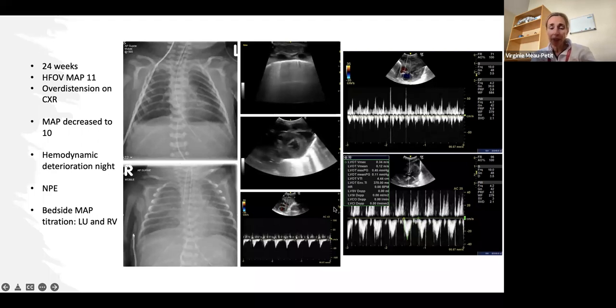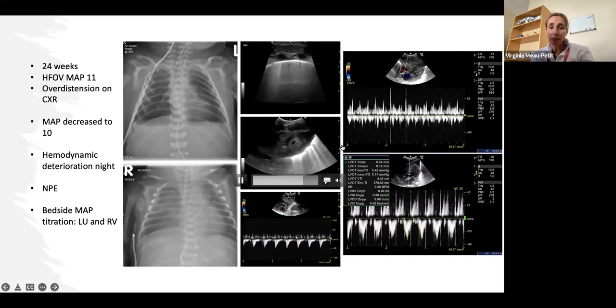So reduced pulmonary and systemic flow. Sorry, I don't have the image, but the right ventricle was not dilated. And the reason is, the right atrium was totally compressed and shifted by the high mean airway pressure on the ventilator. It was really exceptional to see the compression of the right atrium by the high pressure.